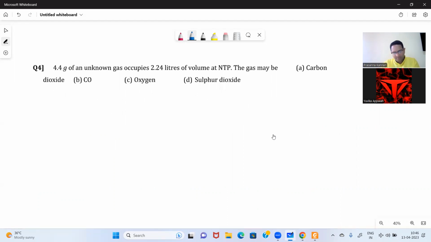The gas may be carbon dioxide, carbon monoxide, oxygen, or sulfur dioxide. Right, Yuvika? So what is the mass of the gas? 4.4 grams. 4.4 gram occupies how much volume? 2.24 liter.